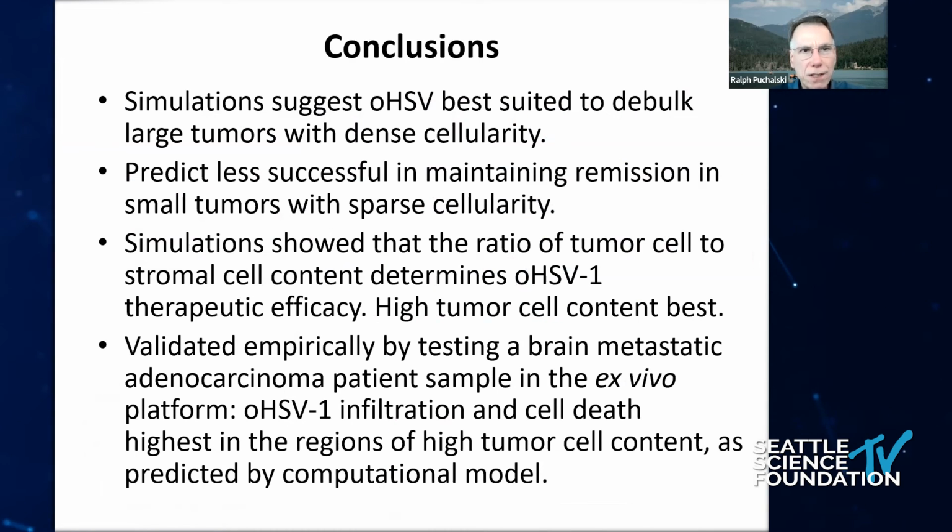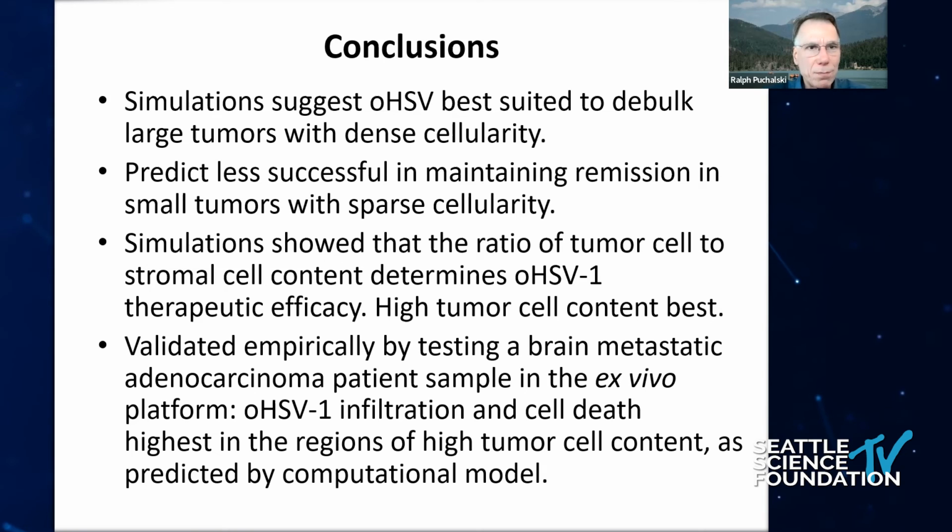So in conclusion, our simulation suggests that oHSV is best suited to debulk large tumors with dense cellularity, not with sparse tumors or sparse glioblastoma cells within the tumor.